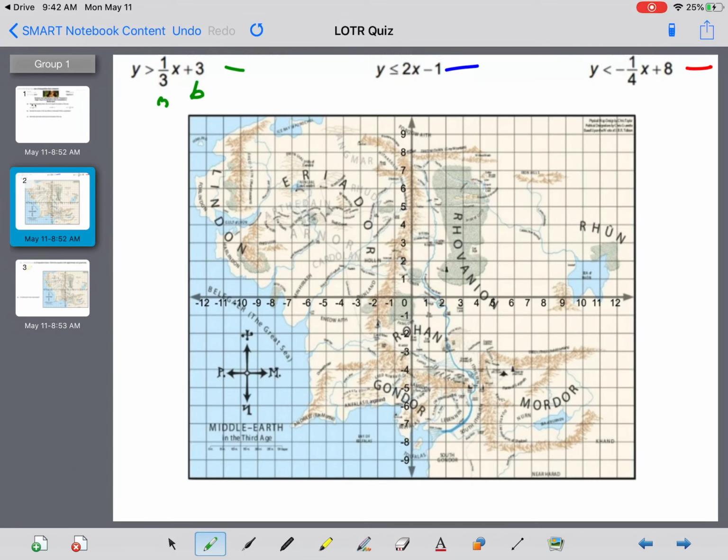Okay, so our green inequality has an m value of 1/3 and a b value of +3. You're going to graph these the same as you always would. Go up to +3 and plot that point. That's your y-intercept. We have our x-axis and our y-axis. Our slope tells me to go up 1 and to the right 3 from that point, and you're going to follow that pattern through the graph.